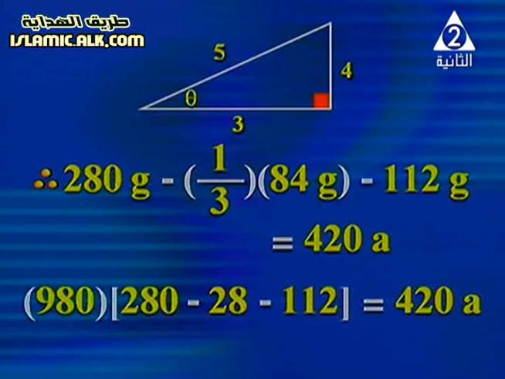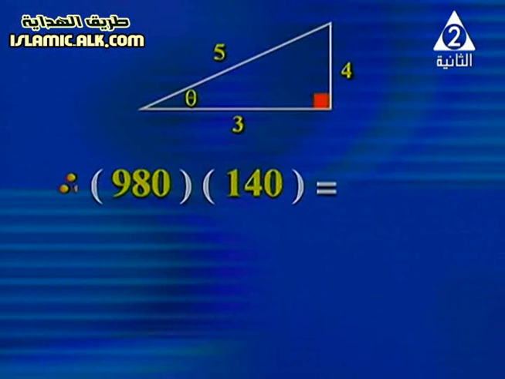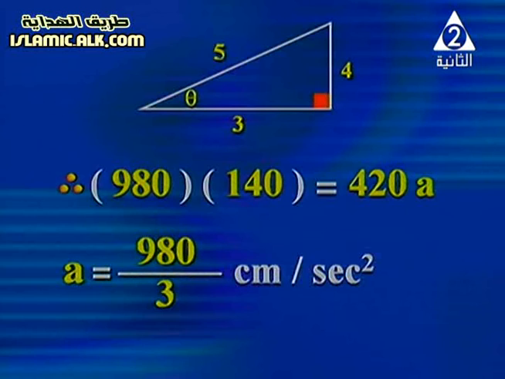By substitution about g, then 980 times the bracket containing 280 minus 28 minus 112 equals 420a. Then 980 multiplied by 140 equals 420a. To find the value of acceleration, a equals 980 over 3 centimeter per second square.